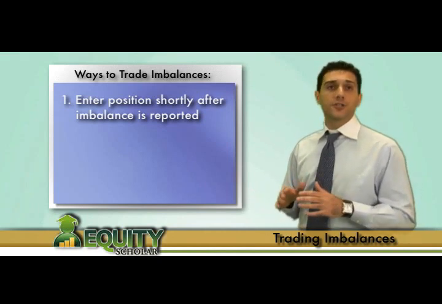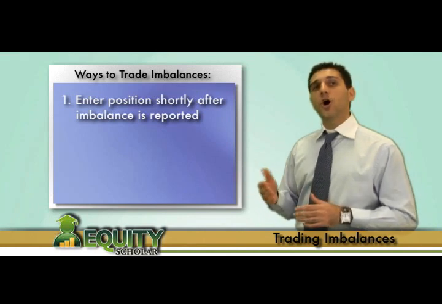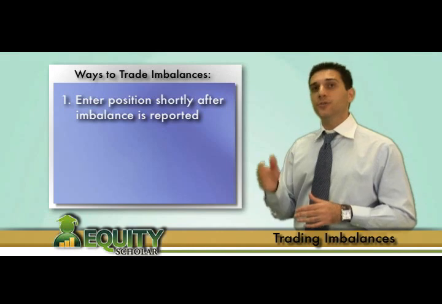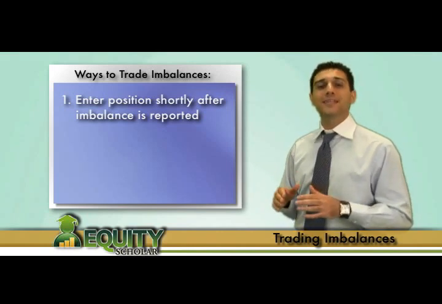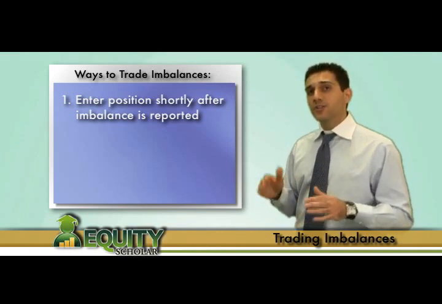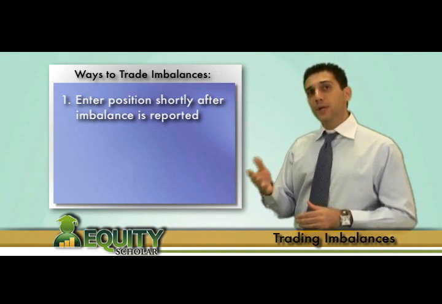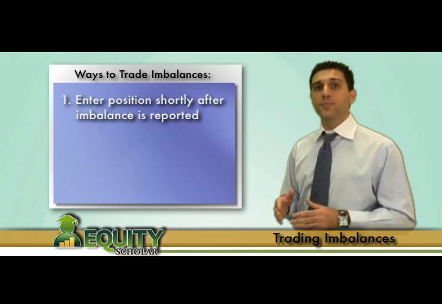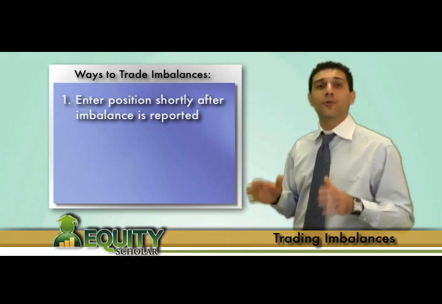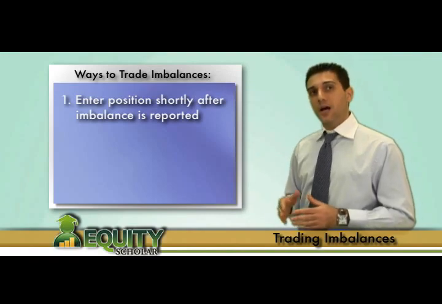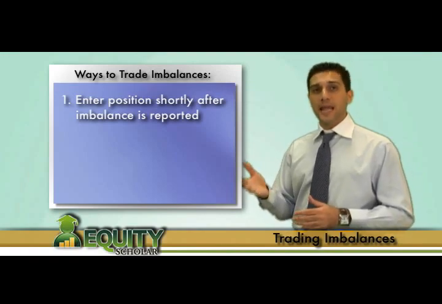This is extremely hard to do though, because there are numerous automated trading systems out there designed to instantly enter into imbalances the exact moment the stock reports, thus causing a spike in price. But if you do manage to enter at a price close to the price the stock was trading at pre-imbalance, then you could look to hold on to the position until the close and enter an MOC order.